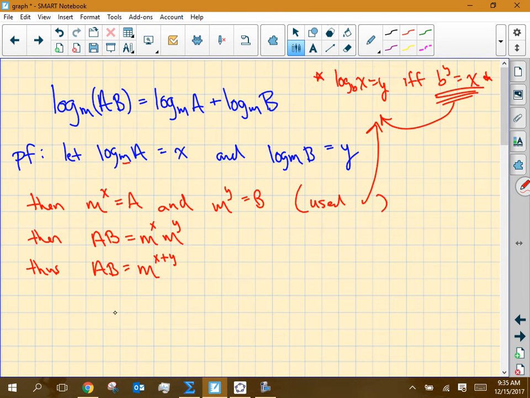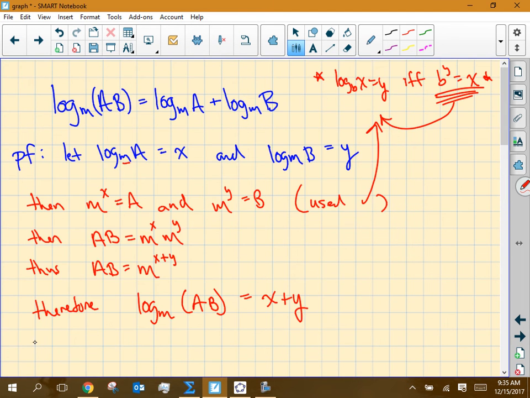So this M becomes my base, right? Okay. The exponent moves to the other side of the equation. So the exponent becomes X plus Y over there, right? And then the AB, that's my argument. Would you guys agree with that? So maybe I write, therefore.